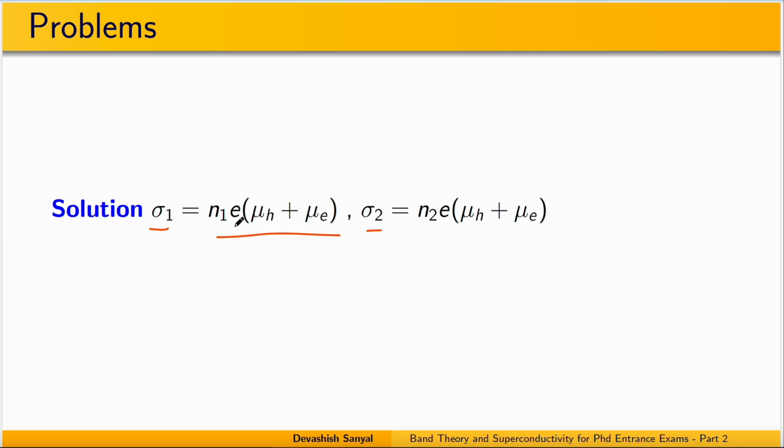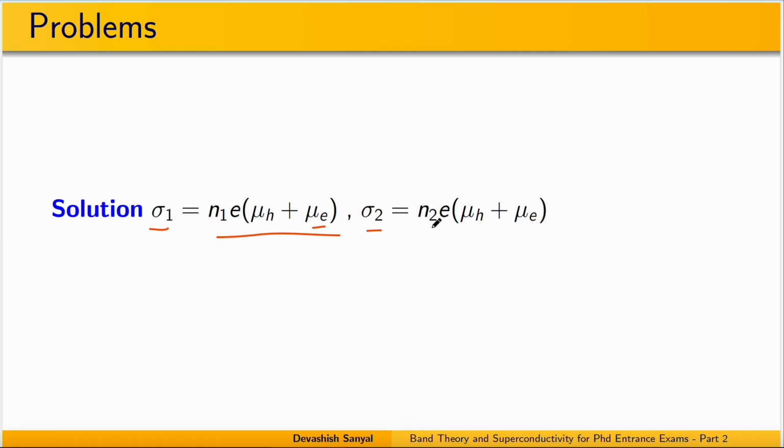N1 e is the charge carrier, e is the charge of the carrier, mu holes plus mu electrons, the mobility of holes and the mobility of electrons.